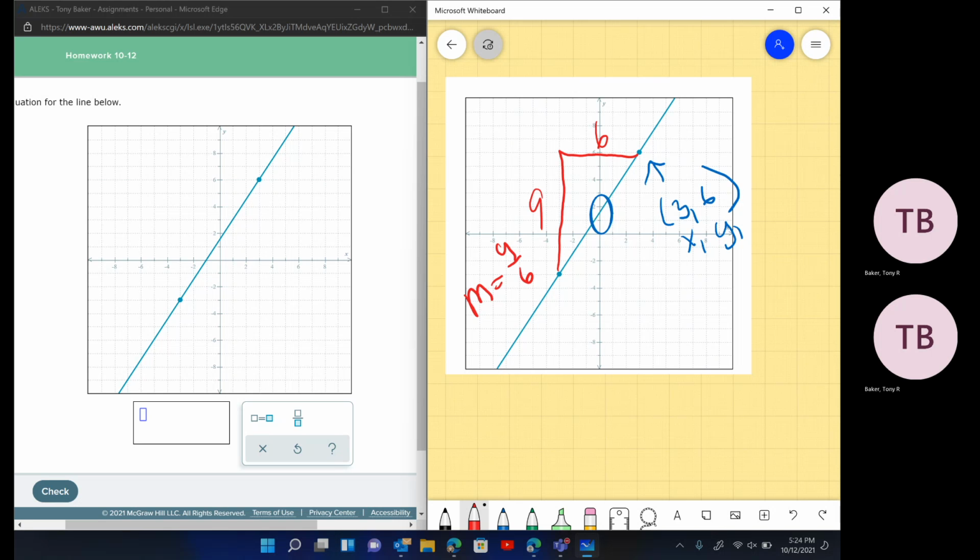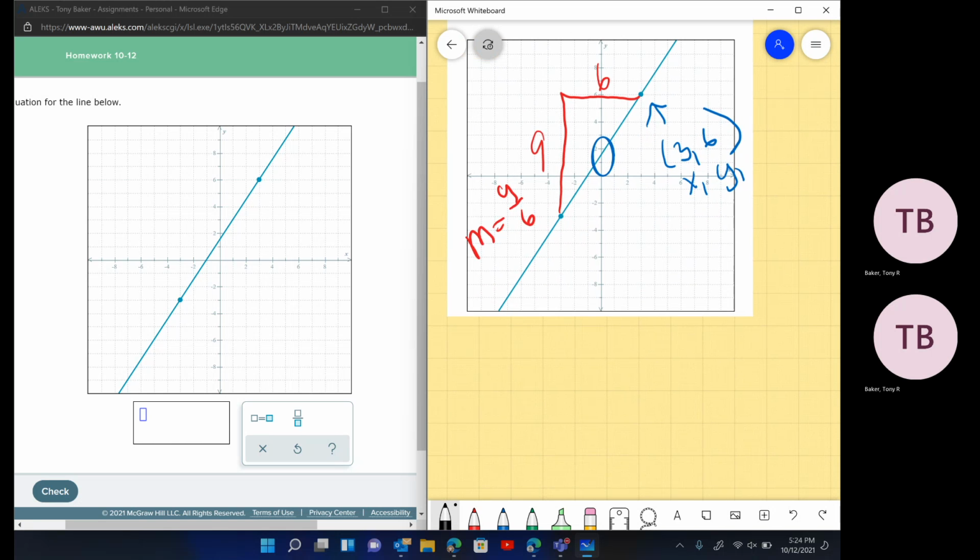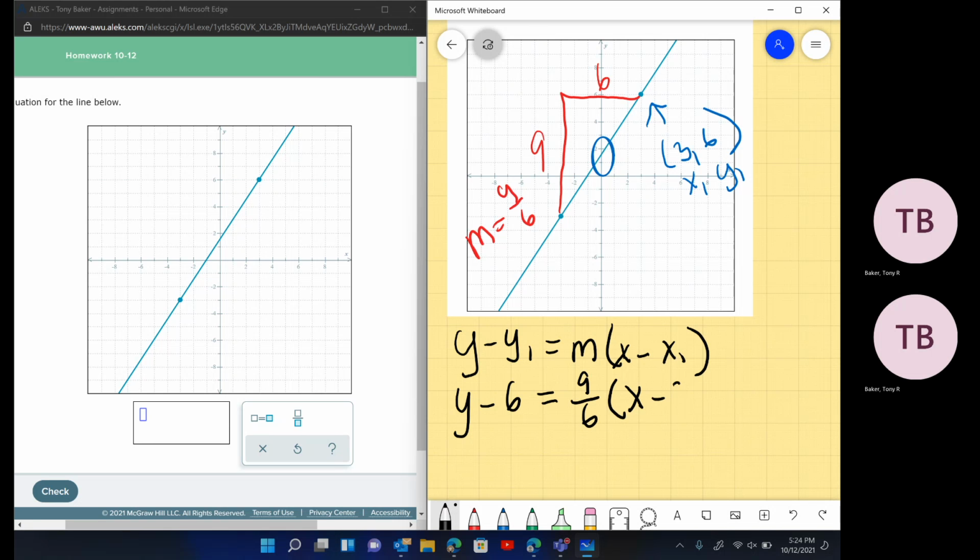I have a point and slope, right? So which equation am I going to use? I'm not going to use my slope intercept because I don't have my intercept. I'm going to use my point slope because I have a point. That was why I showed you that formula, because I can now use y minus y1 equals m times x minus x1. So I have y minus y1, which is 6, equals 9 over 6, x minus x1, which is 3. And that is my answer.